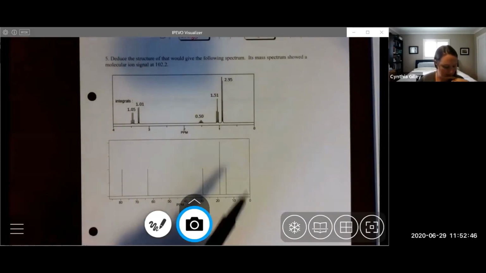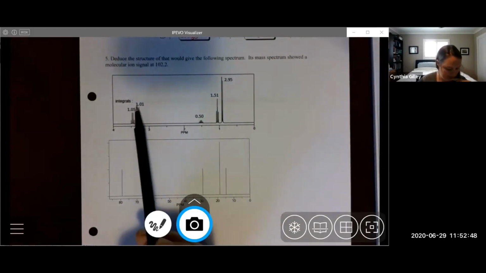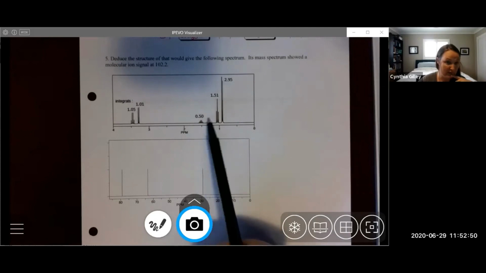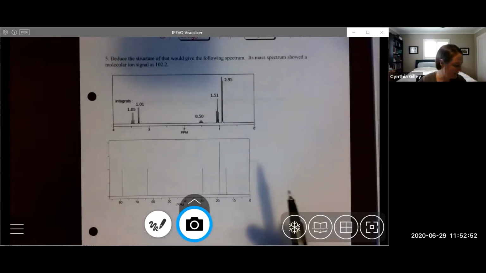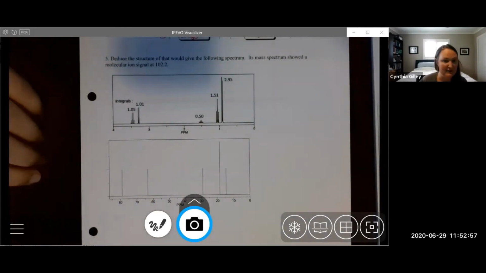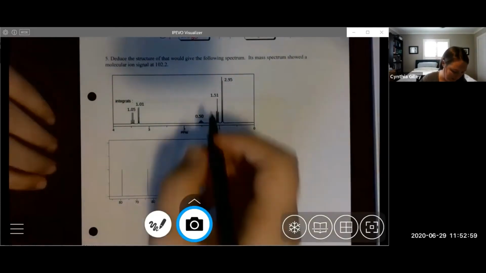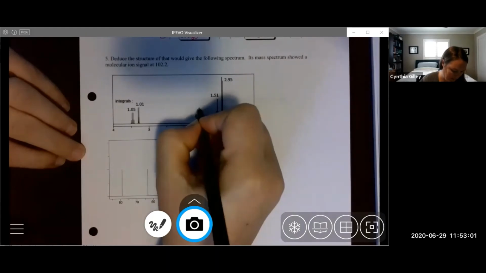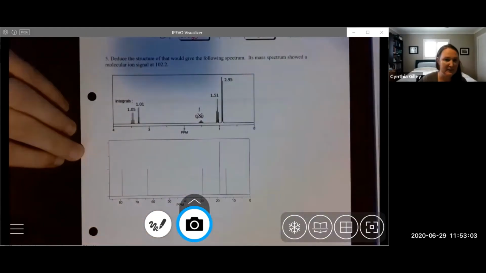So first thing we're going to look at is the integration here. I noticed this integration of 0.5. We cannot have an integration of 0.5 because we have to have at least 1 hydrogen. We have to adjust these. This is really going to be 1. And in order for that to be 1, I have to multiply all of the numbers by 2.